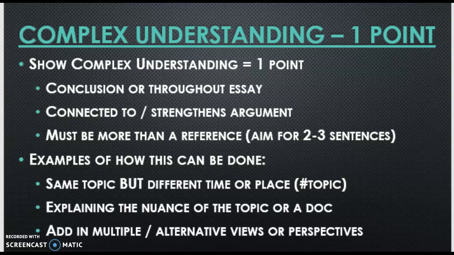A lot of times in history, there's lots of views that you can take on a particular topic or event. So if you add in that, hey, there's this other view, or this is what other people think about this topic, or another perspective to look at this topic from, that's another way you can show complex understanding. All right. So that is the updated 2020 rubric for the DBQ.